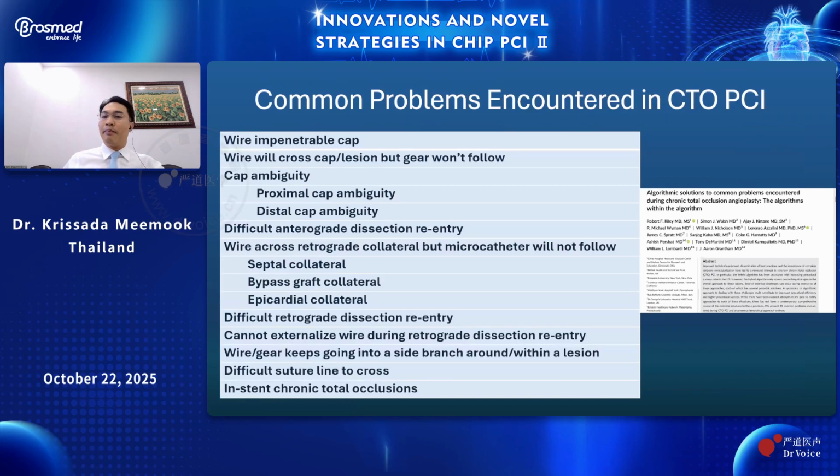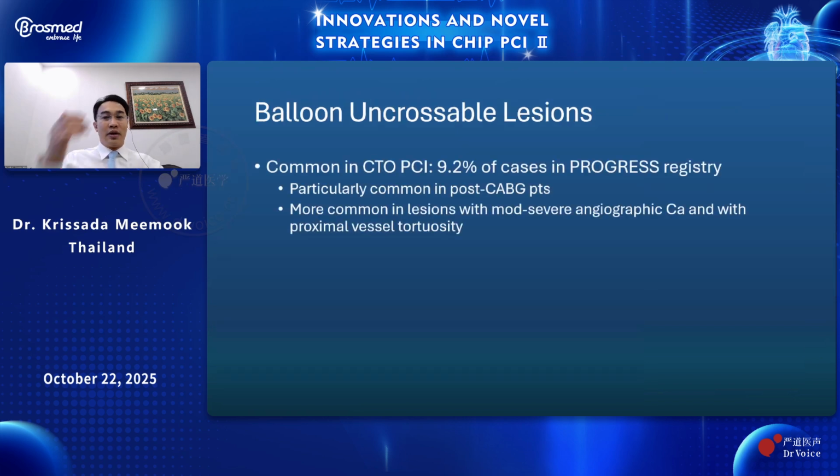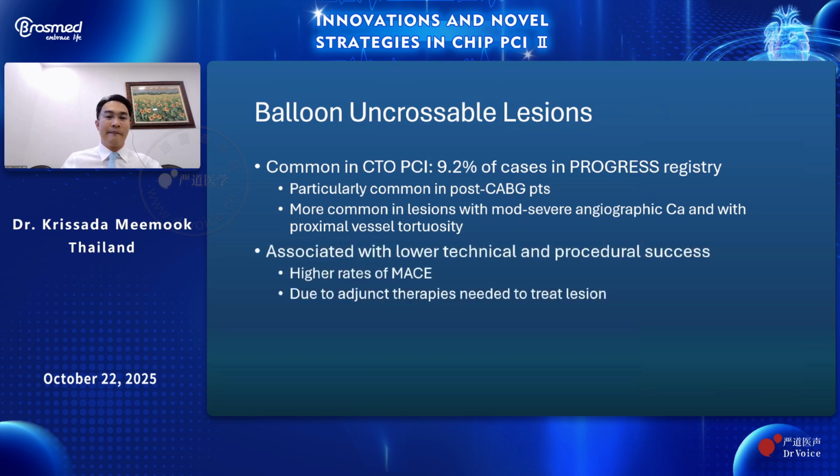This is a common problem with CTO PCI. One is that we can cross the wire, but another device cannot follow because of maybe severe calcification. So in this case, I think we face a balloon uncrossable lesion, which is common, up to 10% in CTO PCI cases.